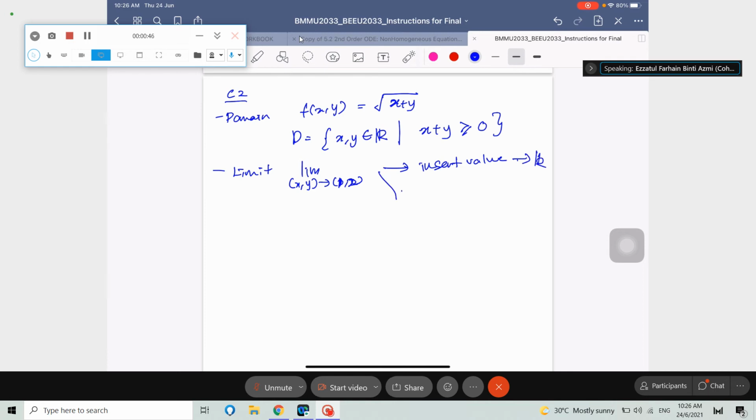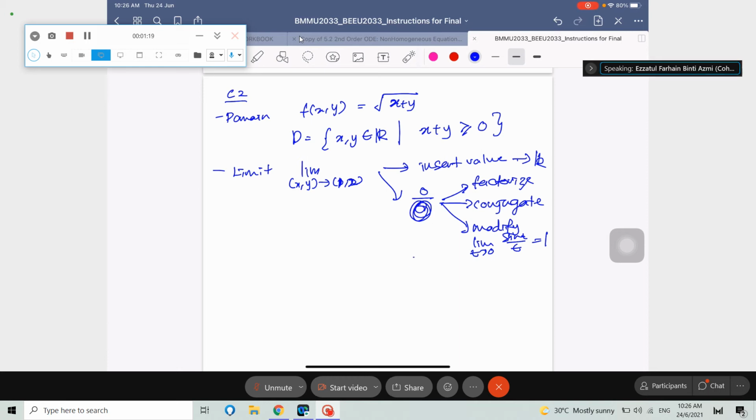If you get 0 over 0, denominator 0 here, so what you should consider is factorize, conjugate if you have surd, factorize if you have squared, or modify trigo if you have sine cos, like the limit as t approaches 0, sine t over t equals 1, right? Please look up on it. So you can do these methods and then try to solve.